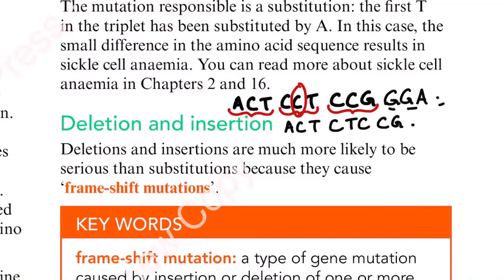So, if I have deleted the base C, I have changed the reading frame. Can you see that I have changed the reading frame? पहले मैं इसको read कर रही थी ACT. ठीक है, ये ACT है. अच्छा, previously I was reading it as CCT, but now the reading frame has changed to CTC. Has the reading frame been changed? Yes or no?